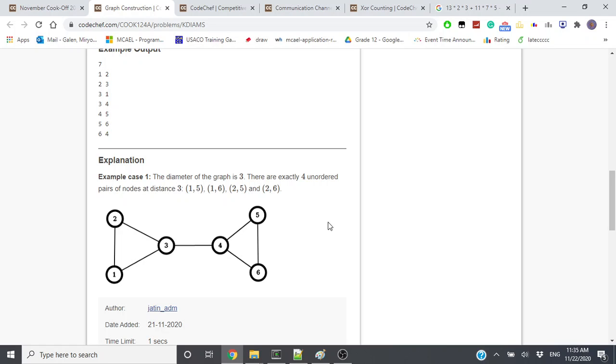If the diameter is length 2, then we're forced to have a star graph, just because that's how it works.